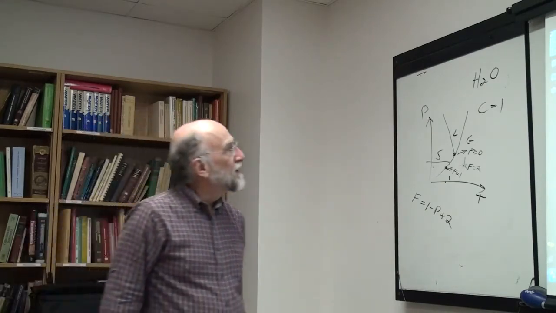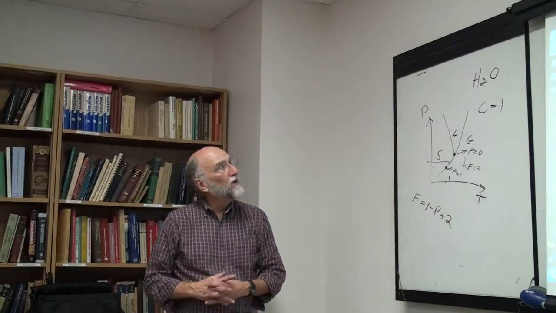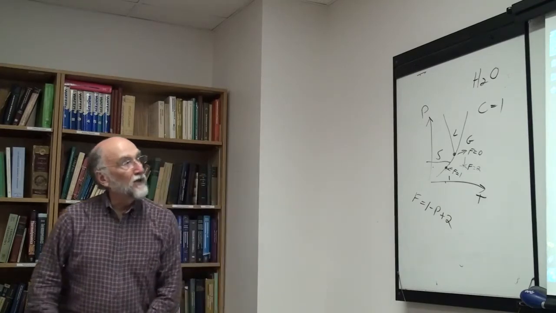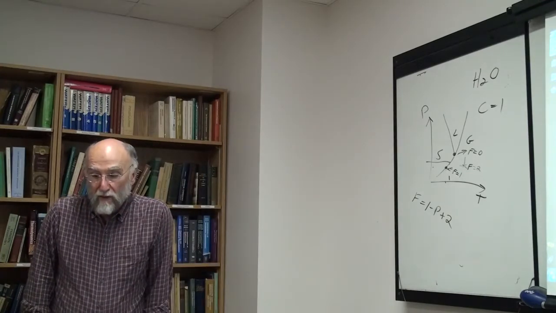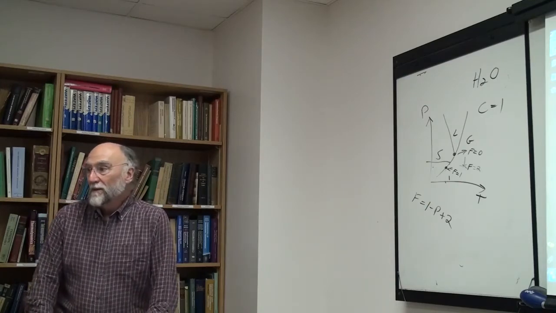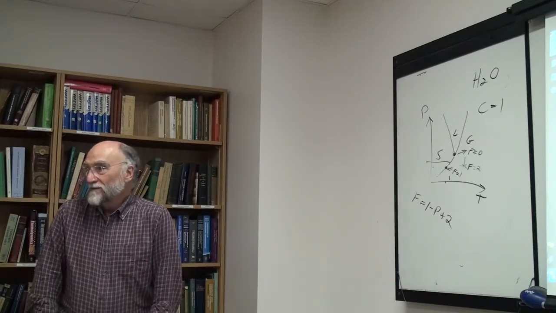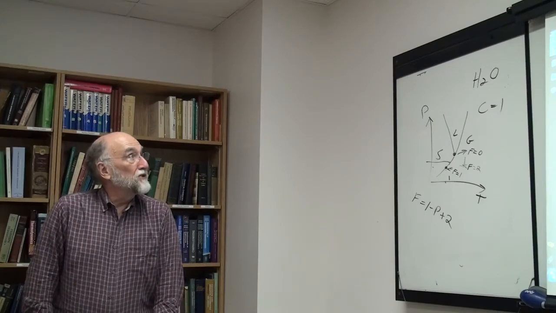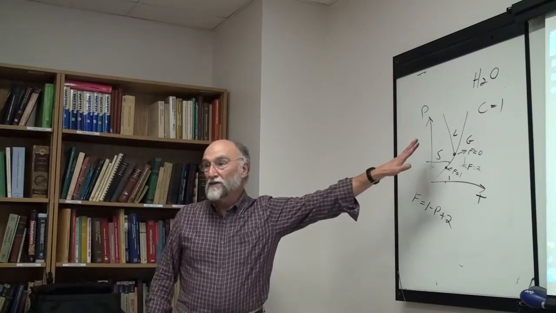Now, you'll say, but it's H2O. Looks to me I've got hydrogen and oxygen, so why don't I have a 2-component system? I can say my components are hydrogen and oxygen, and now the whole thing kind of falls apart.